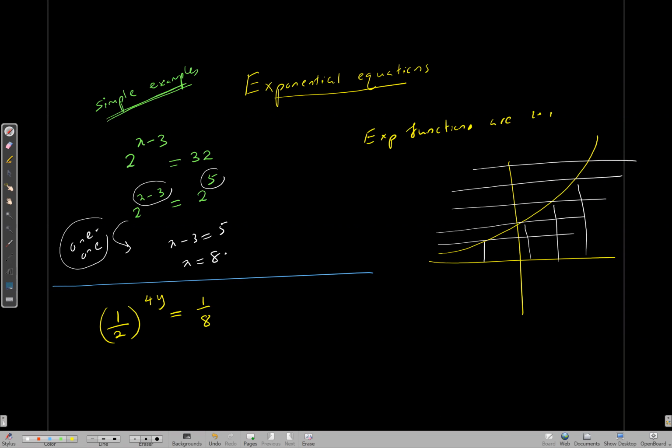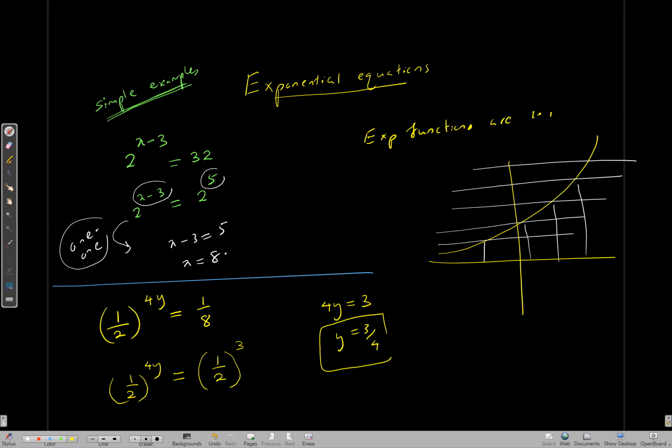How do you deal with this one? Can you write 1/8 as a power of this base? Yes, of course, 1/2 cubed is 1/8. Because of that, using the same argument, 4y is going to be 3, and y equals 3/4.